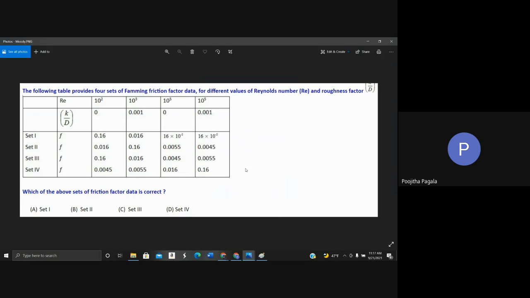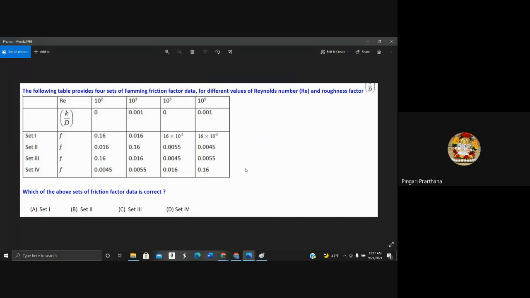So let us look at it step by step. First set, for a Reynolds number of 100 and zero roughness, what type of flow can you expect in a pipe? Is it going to be laminar or turbulent?